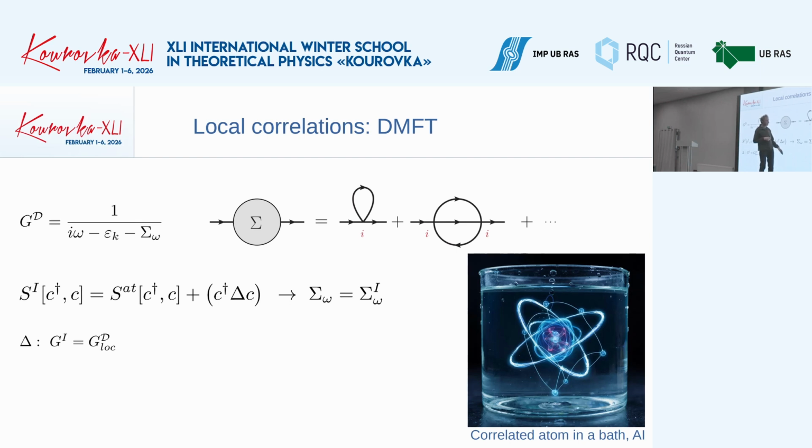Think about all possible diagrams. They have U at the vertices and Green's functions as lines. In principle, you should take an integral over time at each vertex, and also you should sum over all sites of your system for each vertex.